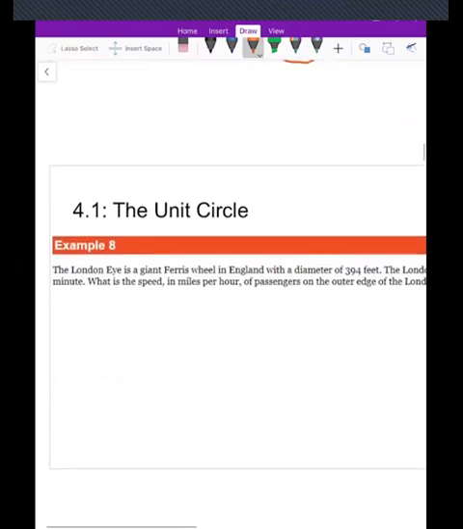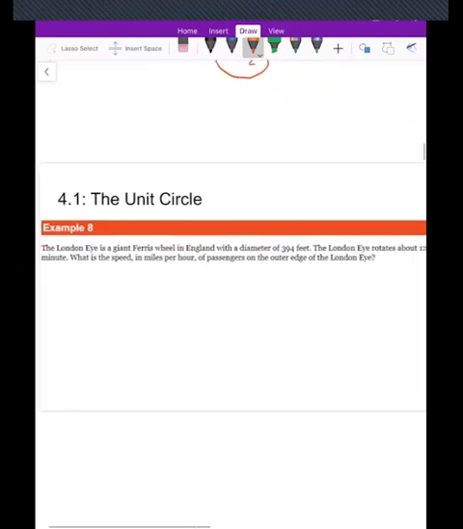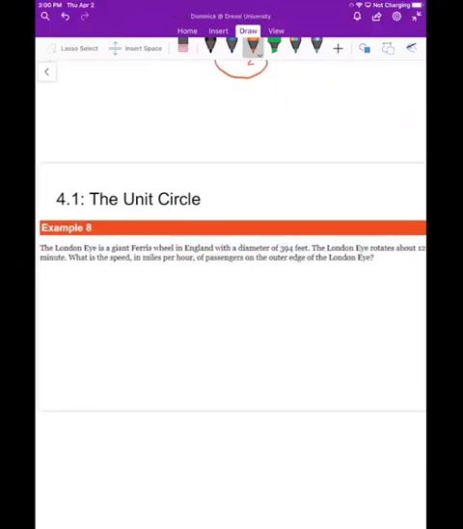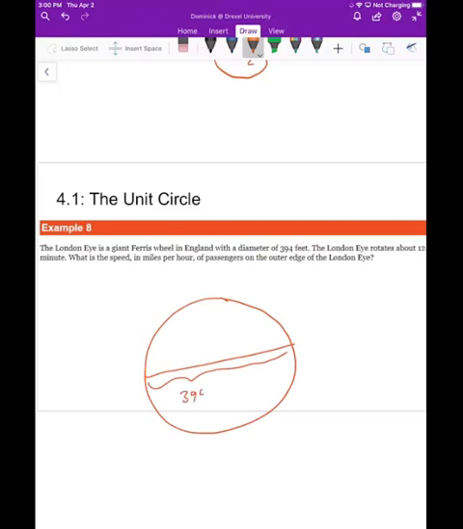Now the next one is similar, but now we're going to apply it to a real life object. So the London Eye is a giant Ferris wheel in England with a diameter of 394 feet. So we have this circle, and diameter is all the way across. So we have that this length is 394 feet.